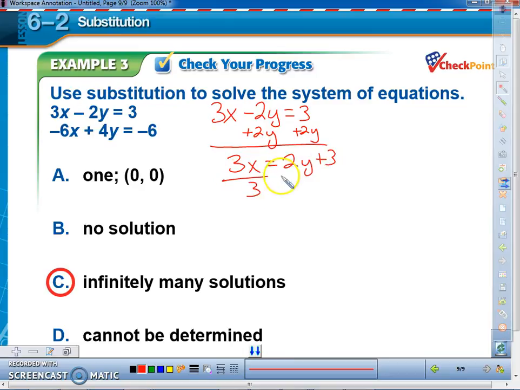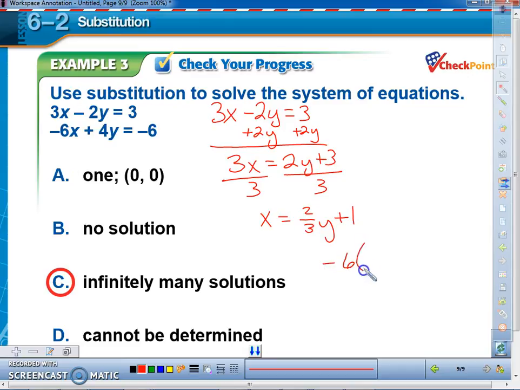Well, I'm going to divide each side by 3 and come up with x equals 2/3 y plus 1. All right, so now I'm going to put it into this formula for x, and it's going to be kind of nasty looking, but we'll get it going.